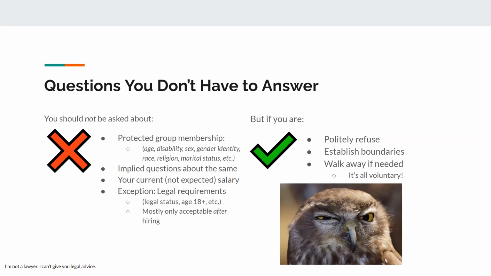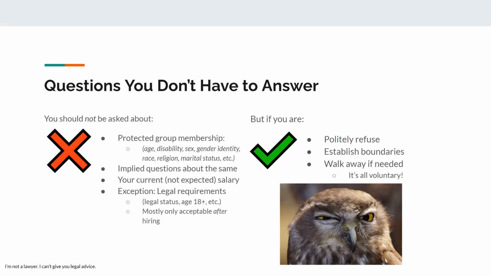It's not even really legal to ask somebody if they're a citizen of the US unless and until you're at the point where you've already made an offer and you're making sure that the company is legally hiring people. Likewise with age, yes, you need to be 18 plus to do this kind of work in most states. Figuring that out is not usually something that just any interviewer can do during the interview process. That's something that comes later during the paperwork.